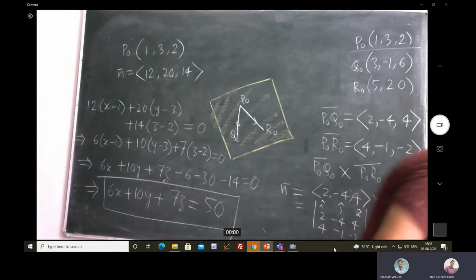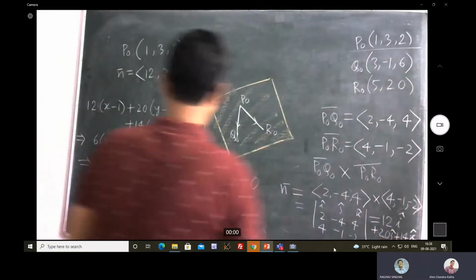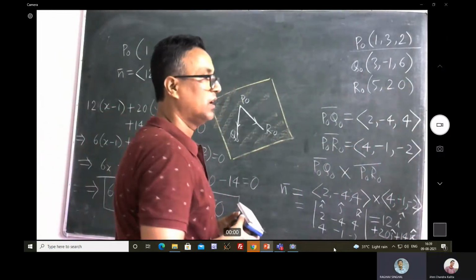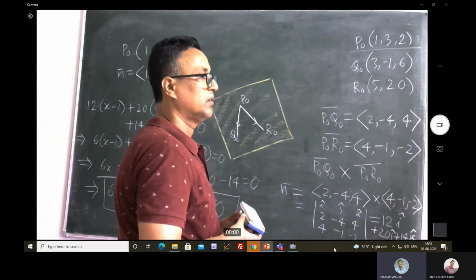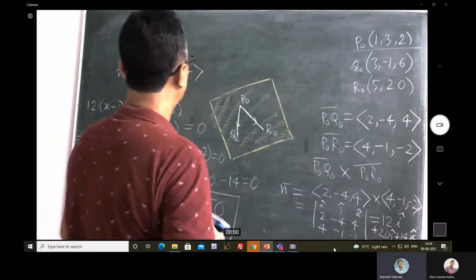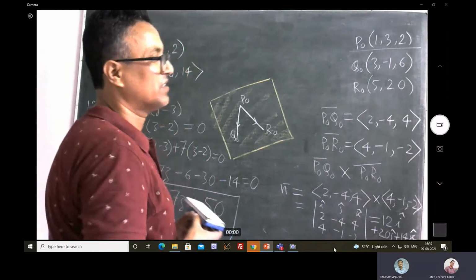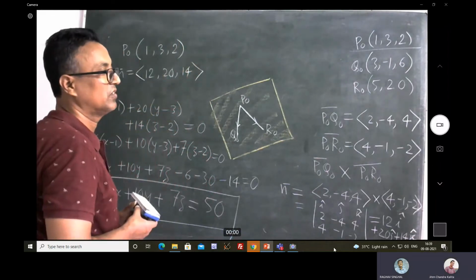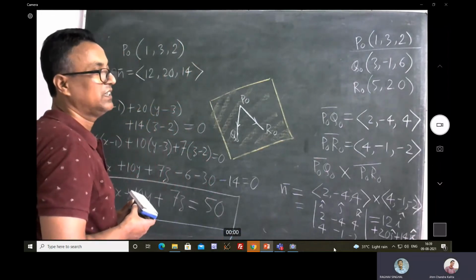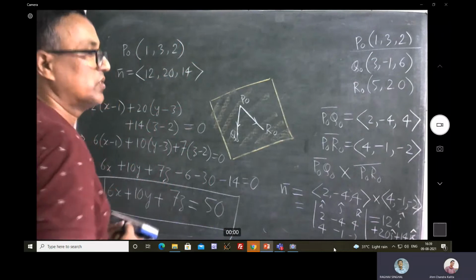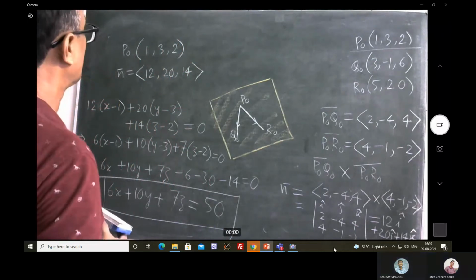Okay, fine. So if we take the point Q naught, do we have to take the normal vector corresponding to that point? Not necessarily. We can work with the same normal vector also. In this case, the constant might be different.